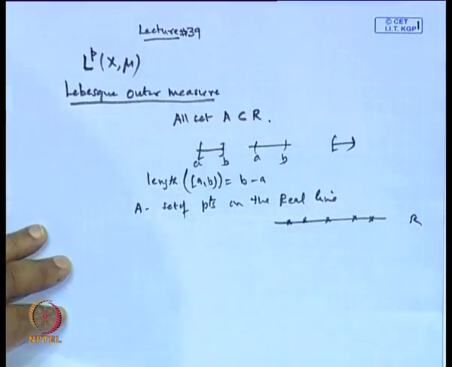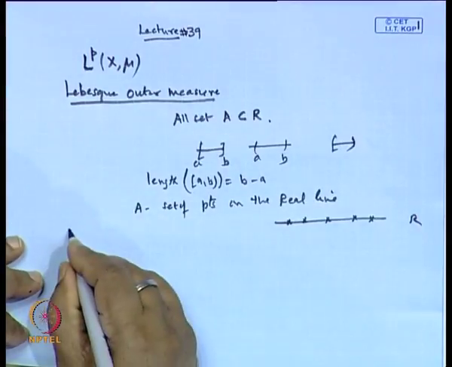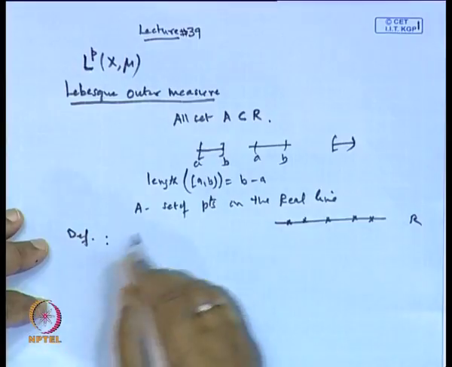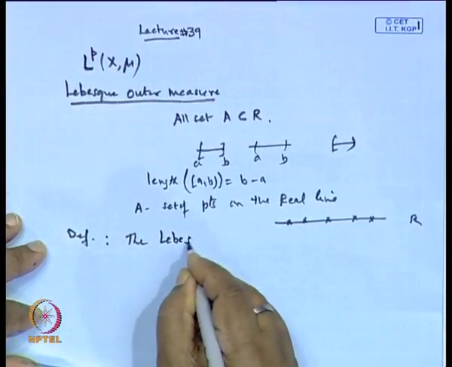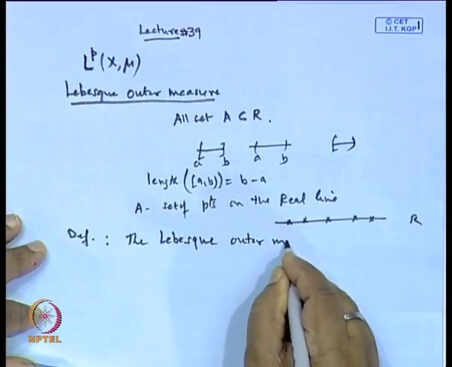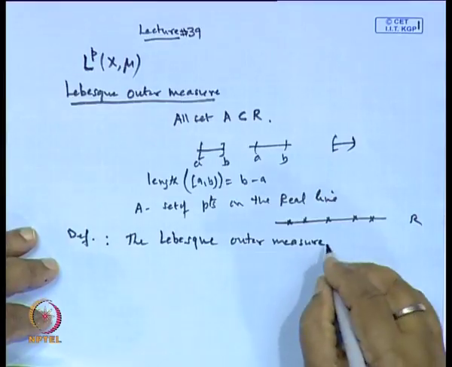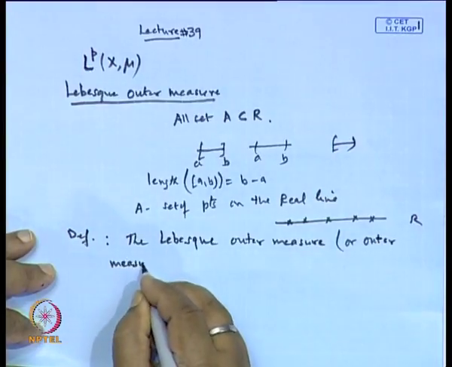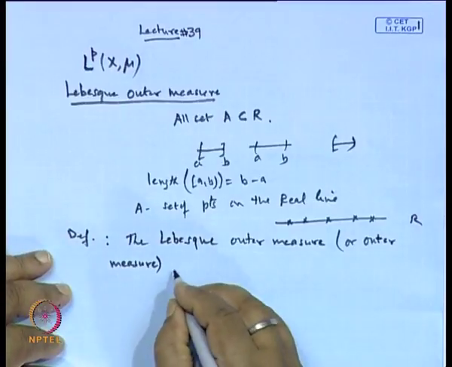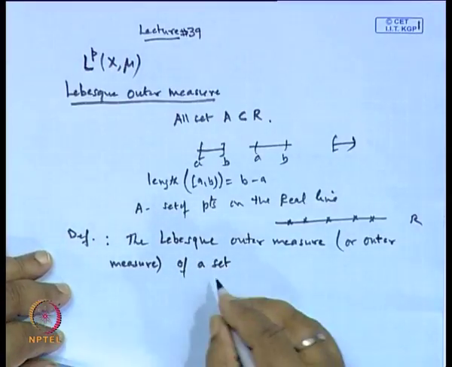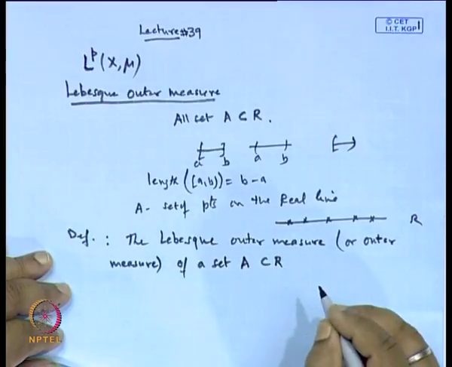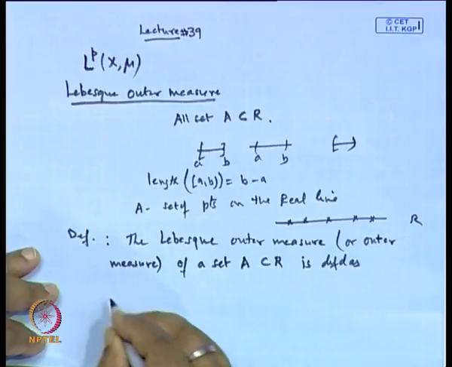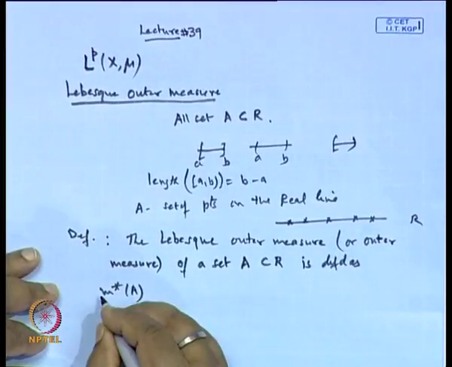So, we define the Lebesgue outer measure, or simply the outer measure, of a set A, which is a part of the real line, as follows.